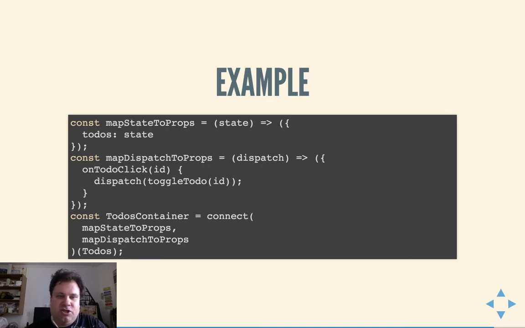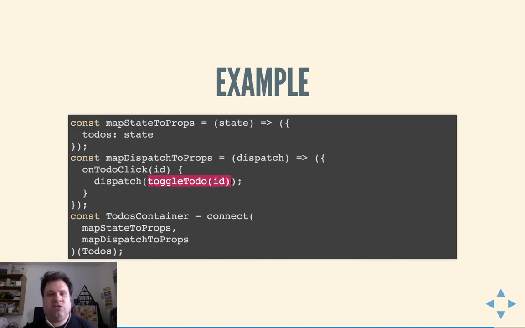Also, it's interesting to note that this form illustrates how important it can be to use action creators instead of just creating actions by writing object literals by hand. If we actually had written a toggle to do action object literal here by hand, it would have made the code much harder to read.